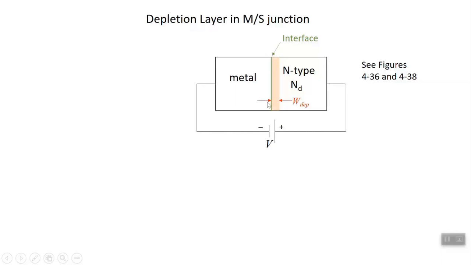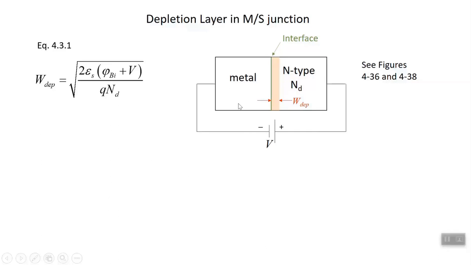The important thing I want to point out is that the depletion layer is entirely in the semiconductor. You don't see it in the metal. Only the semiconductor becomes depleted. Only the semiconductor has dopants in order to form a space charge region. But another way to remind yourself that you don't get depletion in the metal is just to think about the expression for the depletion lengths. They have carrier density in the denominator.